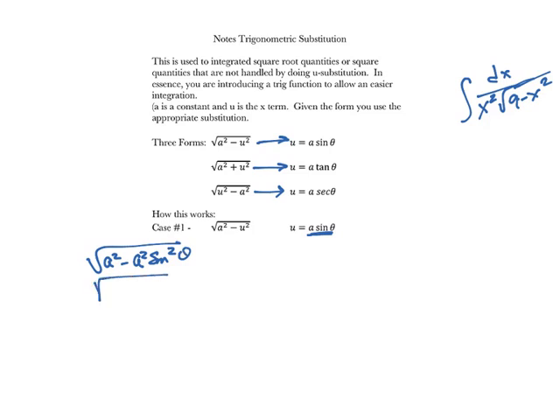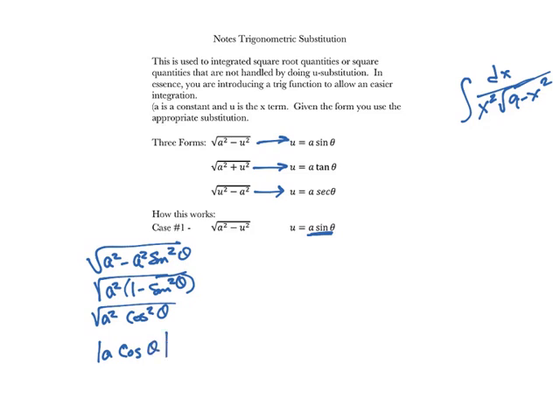And if I simplify that, I can take out an a squared. I get 1 minus sine squared theta. And we know that 1 minus sine squared theta is cosine squared theta. So I have a squared cosine squared theta. Well, those can come out of the absolute value. You get an absolute value of a cosine theta.